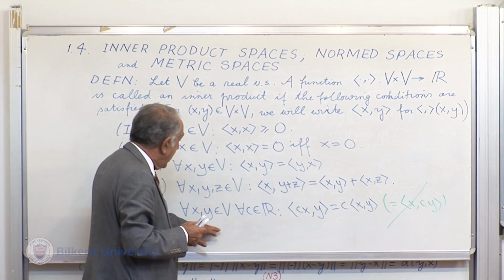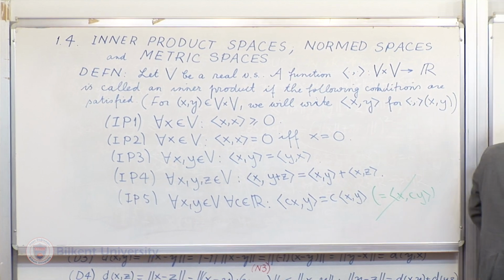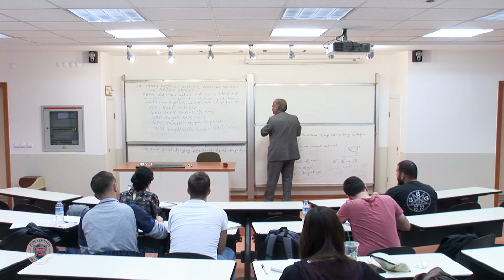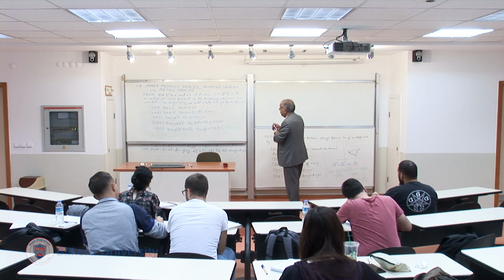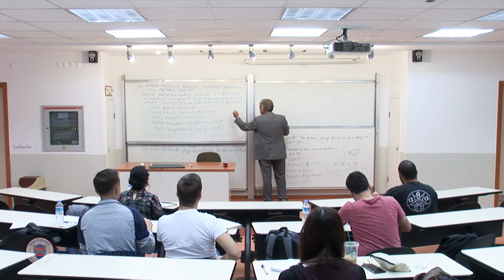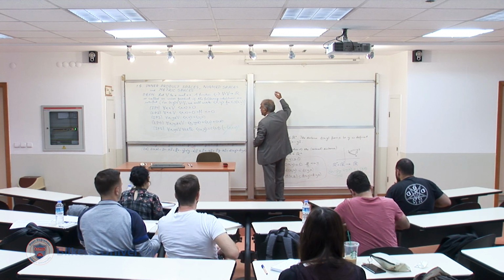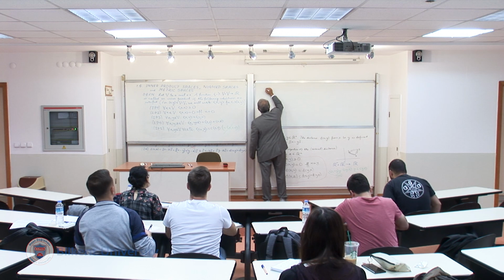Now let's continue this by defining a normed space. So V is a real vector space, but before that, let me also write the following.